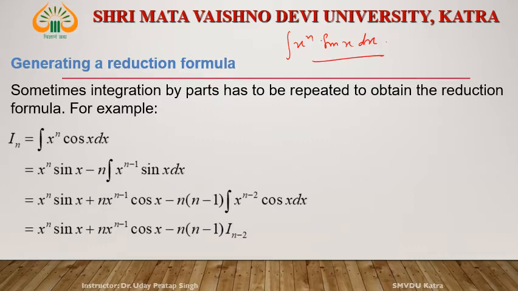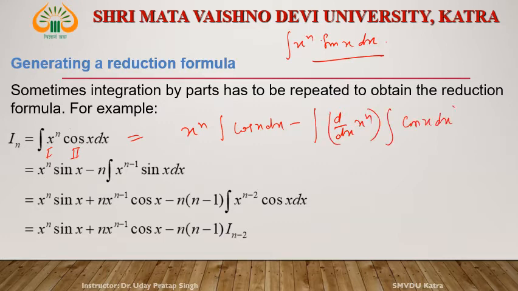First see x to the power n cos x, same rule, Euler's rule. The first function is x to the power n and the second function is cos x. So first function into integral of second, minus derivative of first function x to the power n into integral of second function cos x dx.